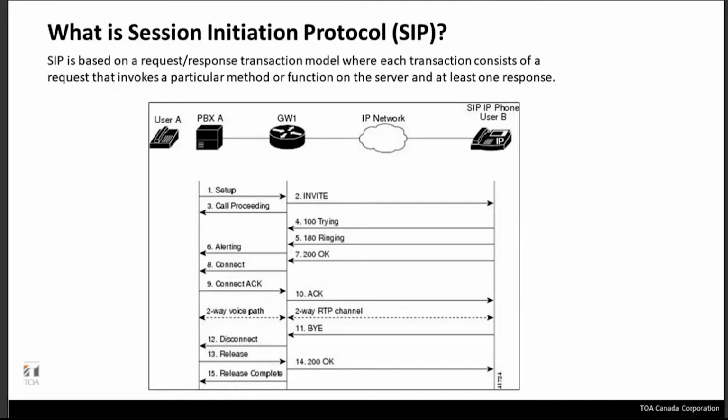It means trying, and then it sends a ringtone, 180. That's another ringtone, and then you receive the alerting, and then you get the response okay, then request connect okay.